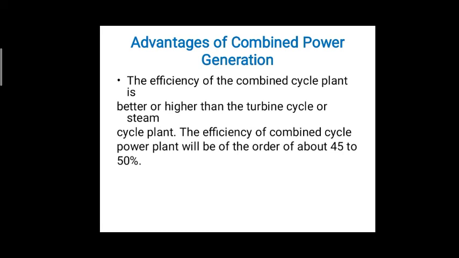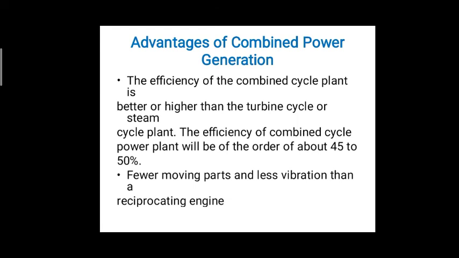Obviously, we are getting 68 percent. What they are saying is more than 50 percent maximum. So it is possible to get nearly 68 percent efficiency. Fewer moving parts and less vibration than a reciprocating engine.